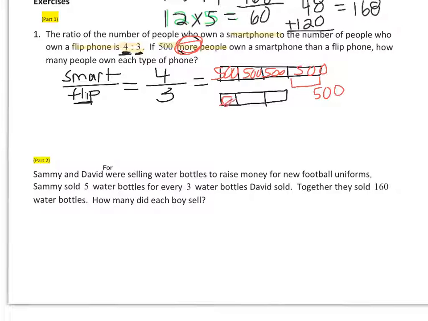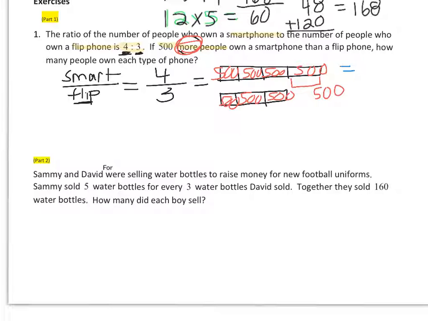Okay, so now I can go back and answer the question where it says, how many people own each type of phone? So I need to figure out how much for each type of phone. Well, let's do the smartphone first.